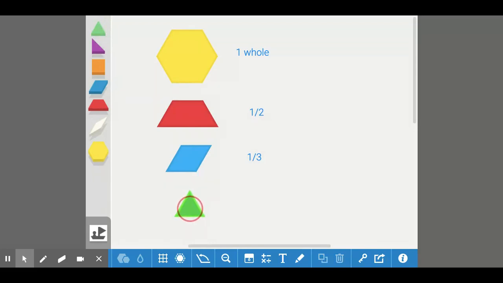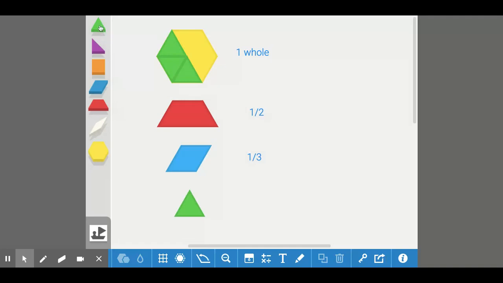So last but not least, the triangle. How many triangles fit in the whole? So again, you're going to have to turn them to fit them. What do you guys think? How many will fit? Oh, so how many triangles would fit in this red shape?